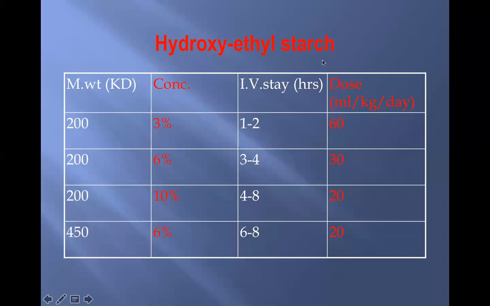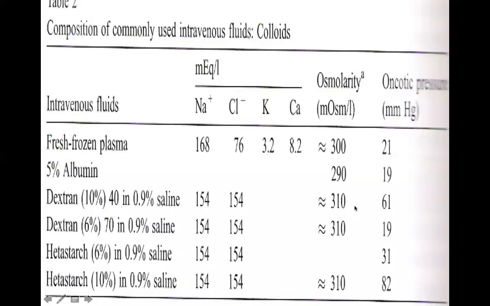This is the hydroxyethyl starch, molecular weight from 200 to 450, different concentrations and different hours of intravascular stay, and here the doses in ml per kg per day. Here also are different types of colloid fluids with their osmolarity.